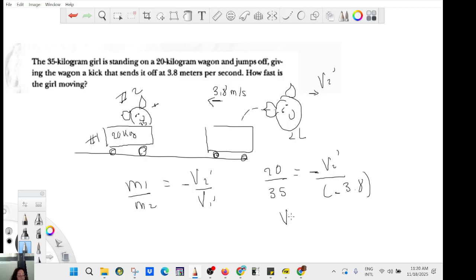So V2 prime equals... So M1 over M2 equals minus V2 prime over V1 prime, and we want the speed of the little girl, because it's the wagon.